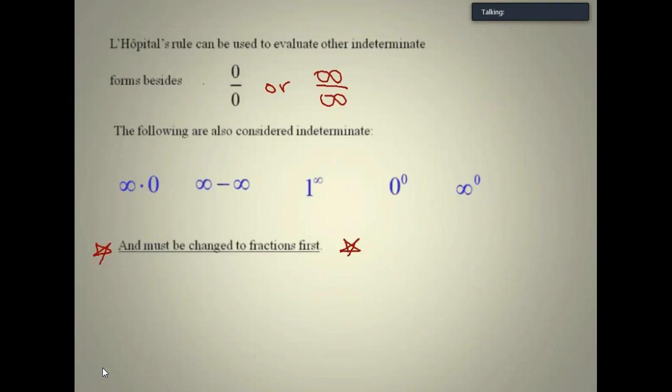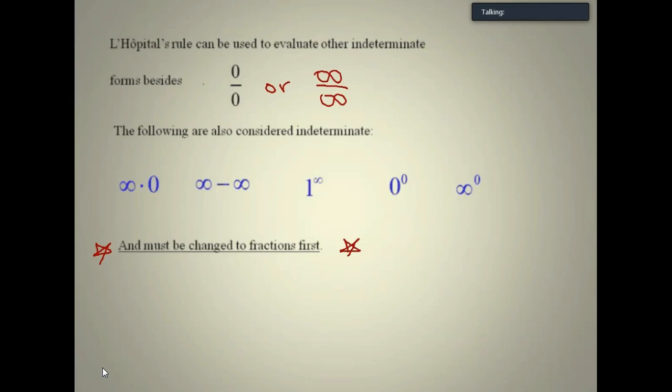It can appear as infinity times 0, infinity minus infinity, 1 to the infinity, 0 to the 0, etc. If you get any of the parts in blue, you have to change your limit to look like a fraction, because L'Hopital's applies to a fraction.